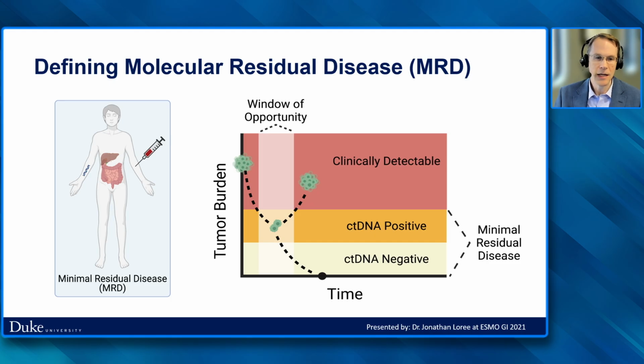And the idea is that if you were to detect some biomarker associated with that cancer, DNA or some other epigenomic change, you could potentially intervene during a window of opportunity and potentially alter that patient's outcomes in a favorable way to drive for cure.